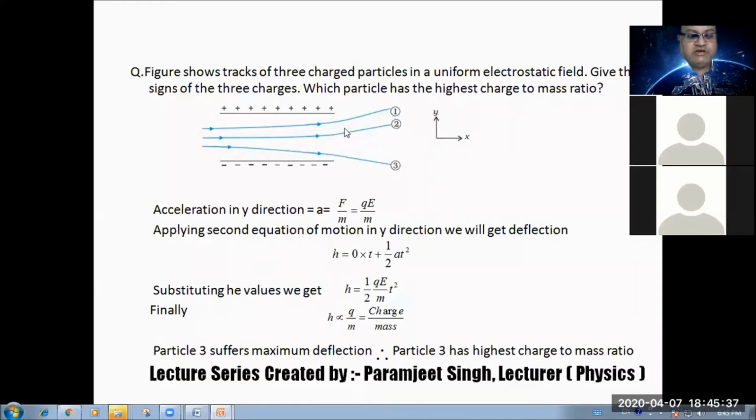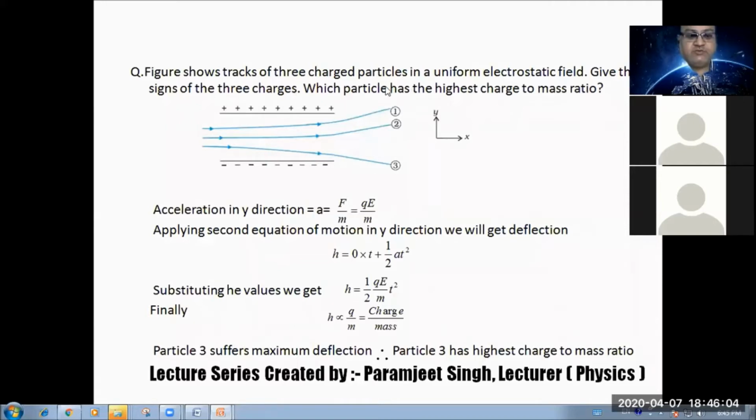Particle 2 is again deviating towards the positive plate. It means 2 is also negative. 3 is deviating towards the negative side, attracted towards the negative plate. It means the third particle is positive in nature. So we have solved the first part, give the sign of the three charges.